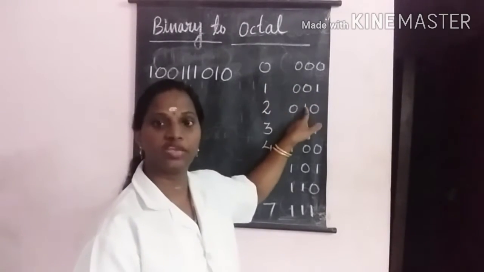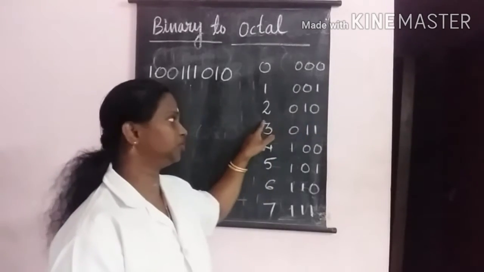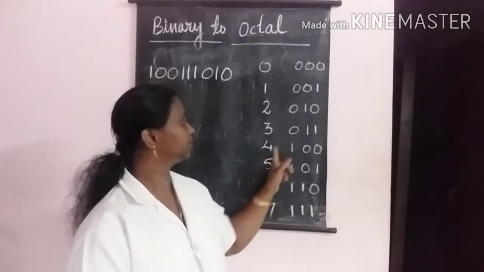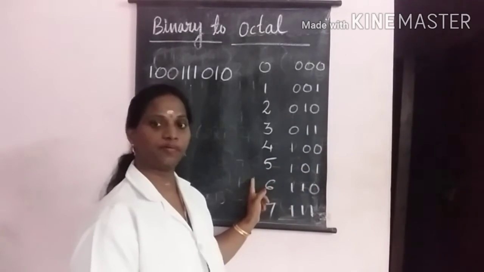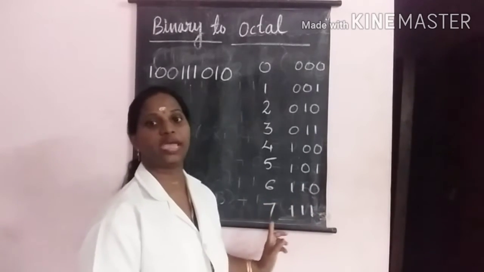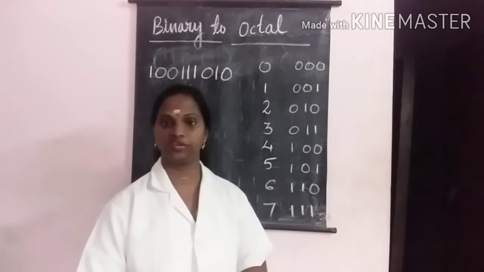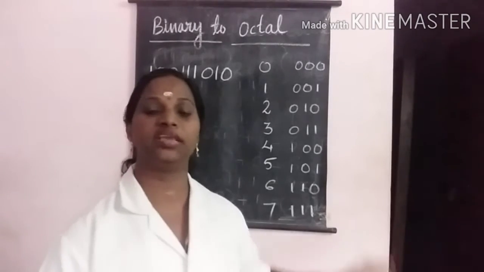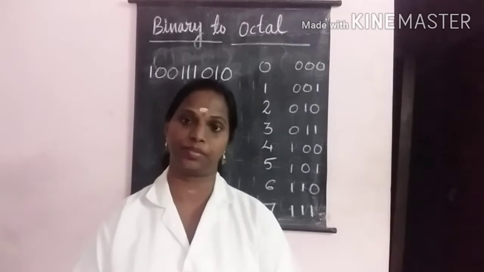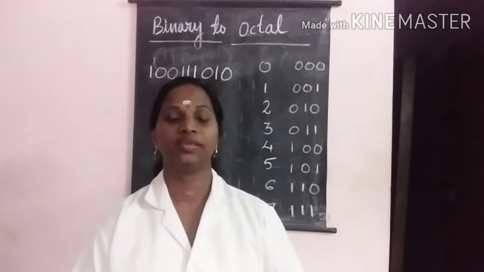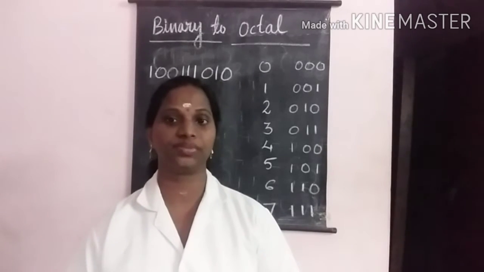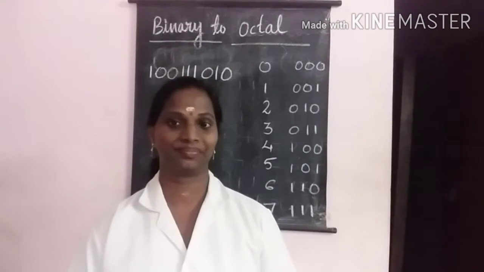Octal 1, 001. 2, 010. 3, 011. 4, 100. 5, 101, 6, 110 and 7, 111. So children, you should learn by heart the binary representation for the octal numbers. Otherwise you can't convert a binary number into an octal number.